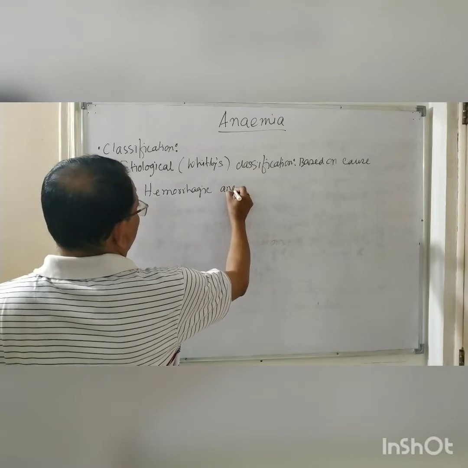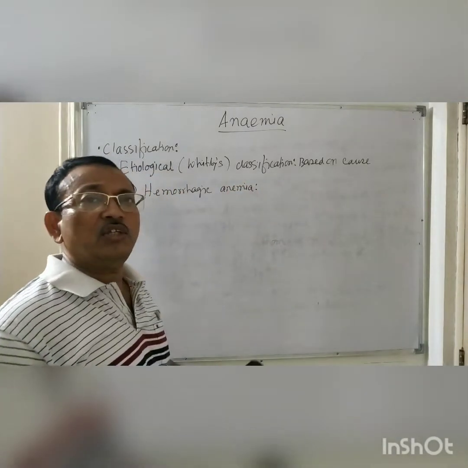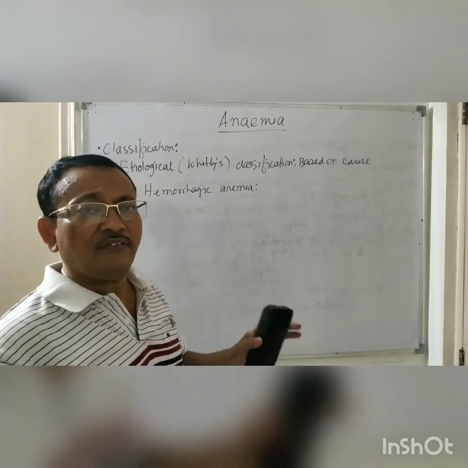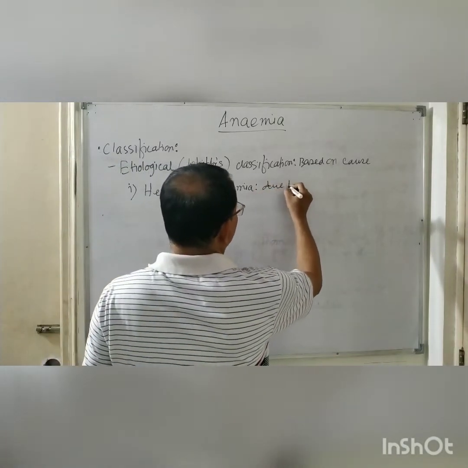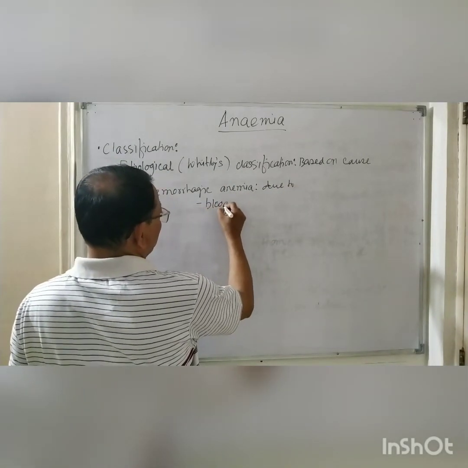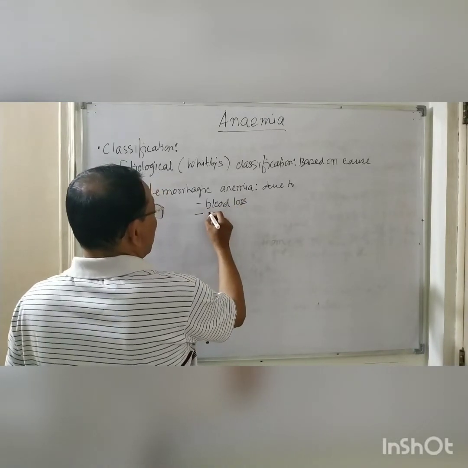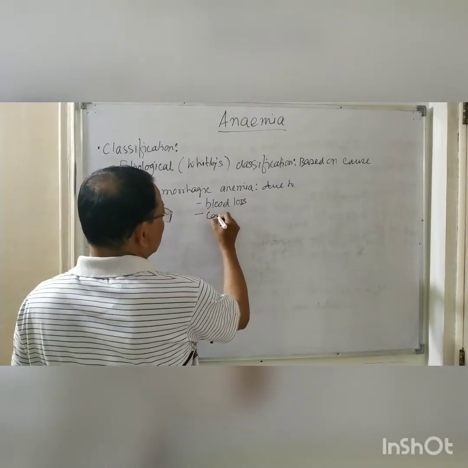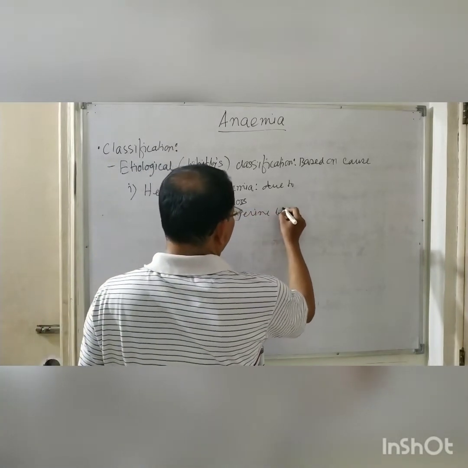Hemorrhagic anemia means the anemia is due to blood loss. Number one, acute blood loss. Number two, there may be continuous uterine bleeding.